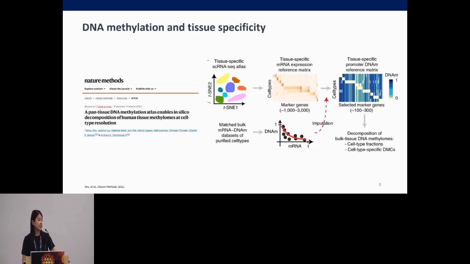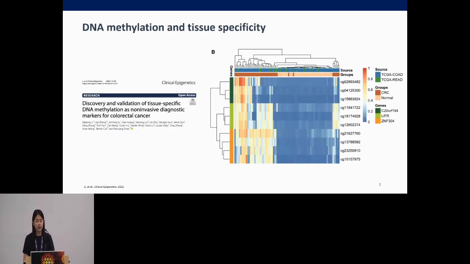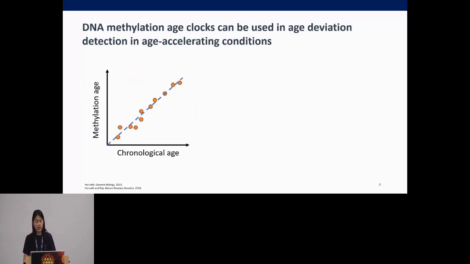DNA methylation and tissue specificity, which was also mentioned before, has been studied, in terms of deconvolution of methylation markers, or in terms of validation of tissue-specific DNA methylation in non-invasive or invasive cancers or cancer subtypes. Also mentioned before, DNA methylation age clocks have been on the rise, and they have been found to be useful in predicting methylation age, which has a strong relationship with the chronological age the samples are from.